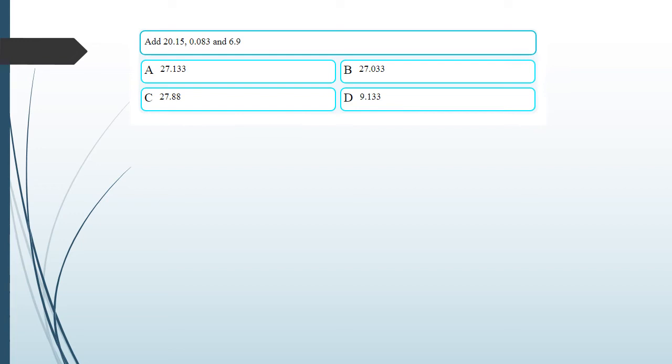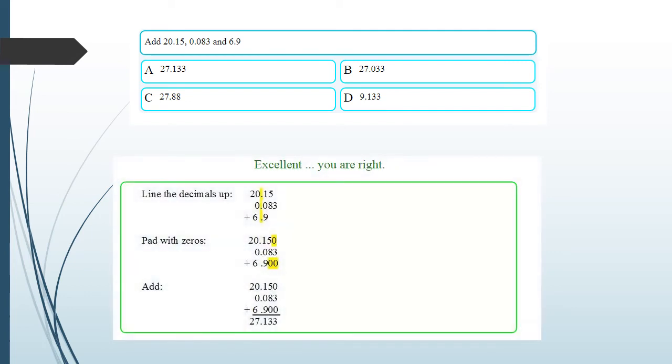Now start adding from right to left. What is the answer? Let's check together. The answer is 27.133. Excellent, you're right.